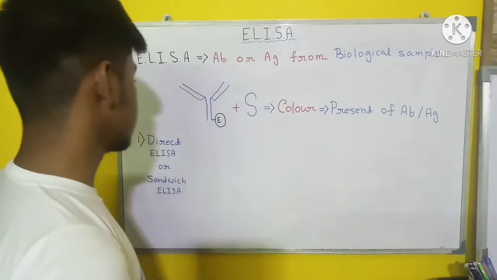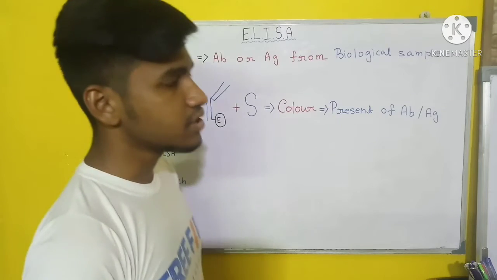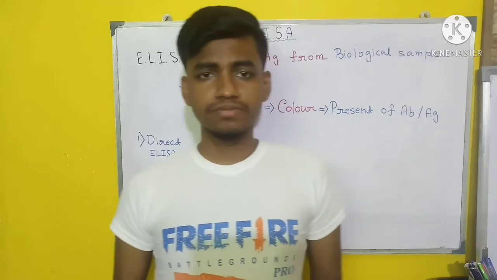In direct ELISA, a microtiter plate is used. This microtiter plate is a 96 well polystyrene microtiter plate.